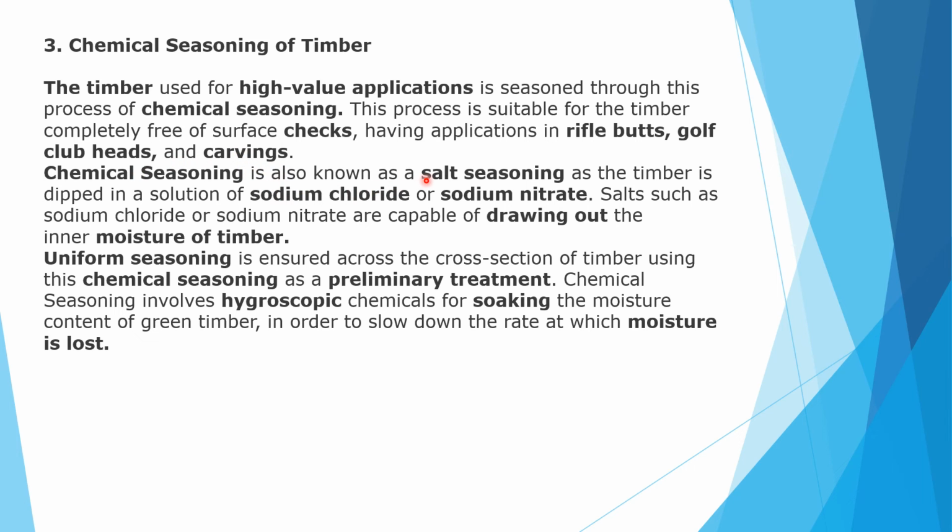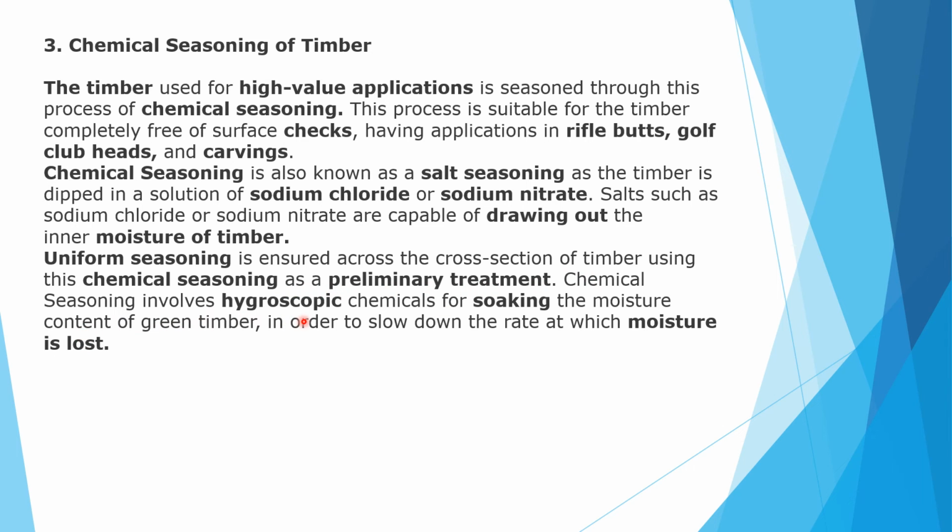Chemical seasoning is also known as salt seasoning, as the timber is dipped in a solution of sodium chloride and sodium nitrate. Salts such as sodium chloride and sodium nitrate are capable of drawing out the inner moisture of timber. Uniform seasoning is ensured across the cross section of timber using this chemical seasoning as a primary treatment.